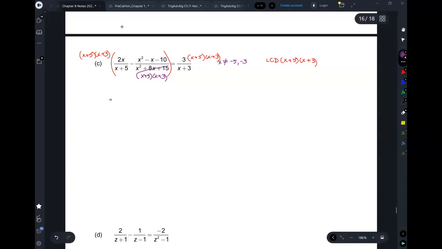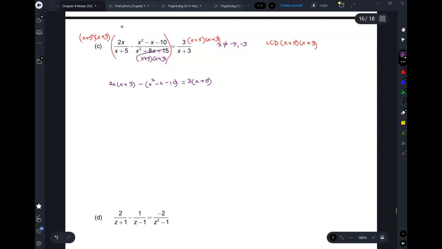So we're going to have 2x times x plus 3, minus this polynomial, equals 3 times x plus 5. All right, let's go ahead and solve for x. I'm going to race you to it. On your mark, get set, go.